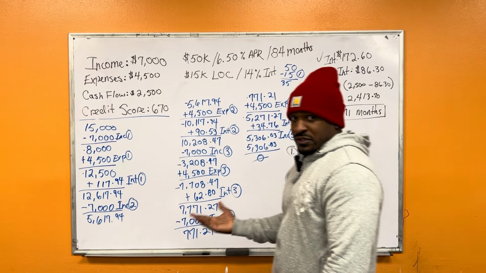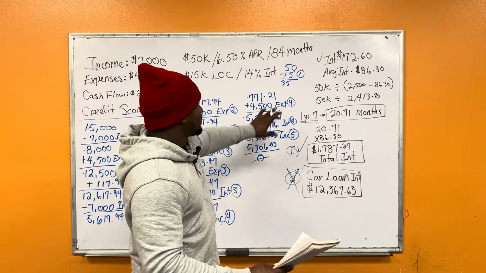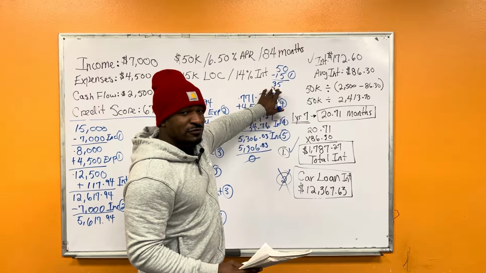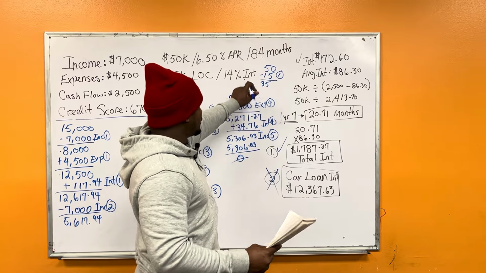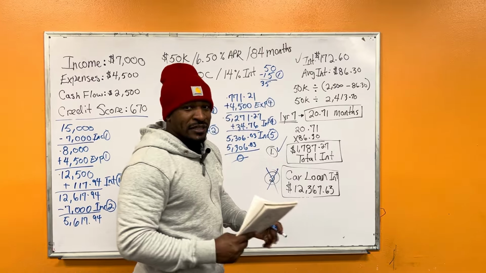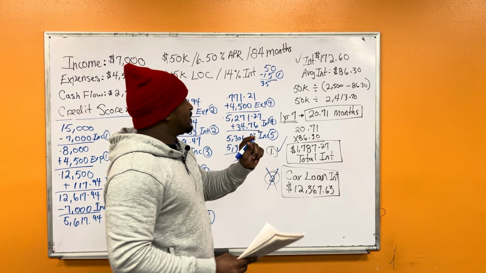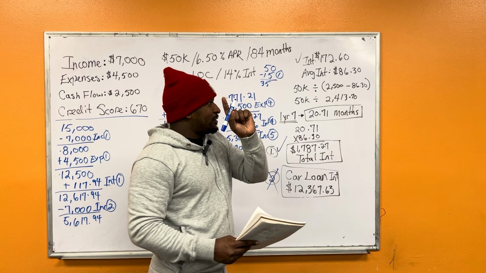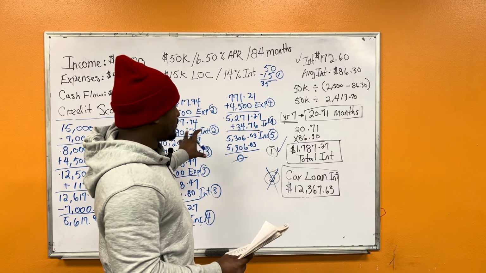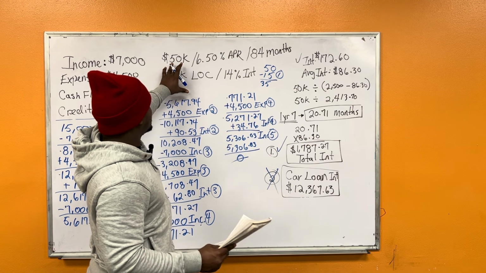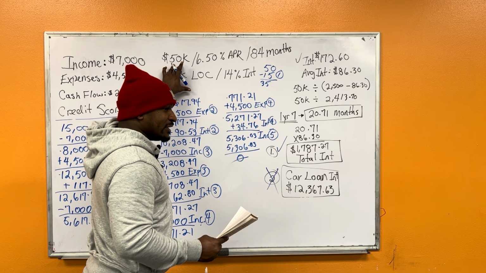So let's recap. Let's go back here and focus our eyes right here. Our first phase was the $15,000 towards the $50,000 debt.